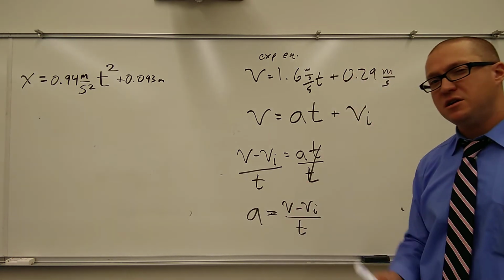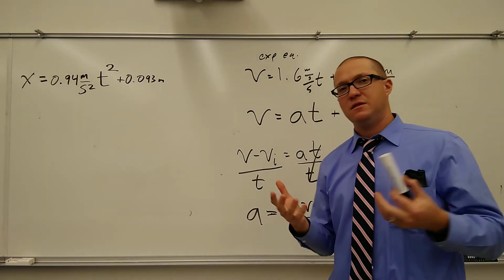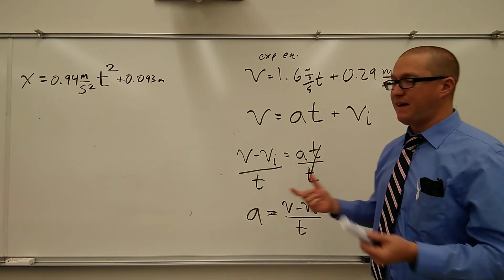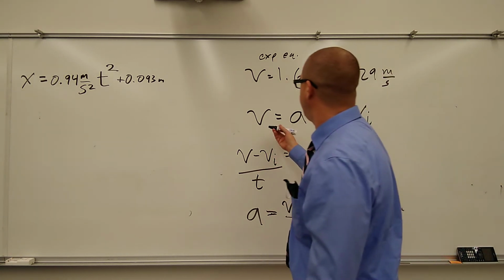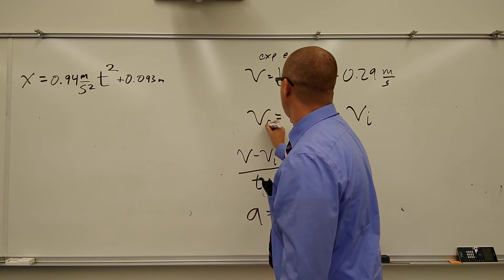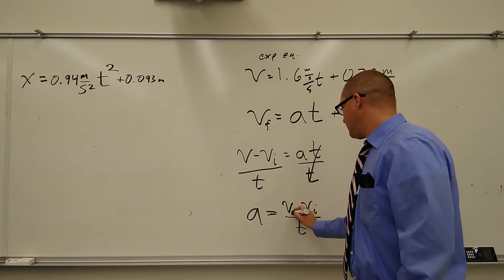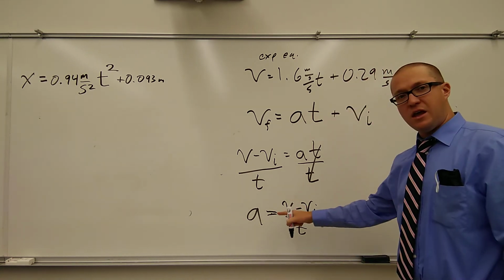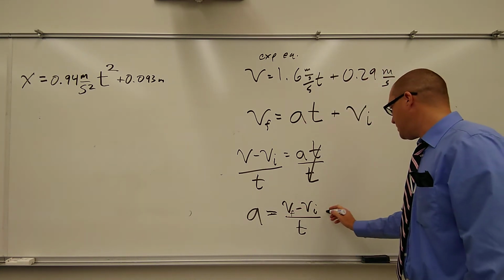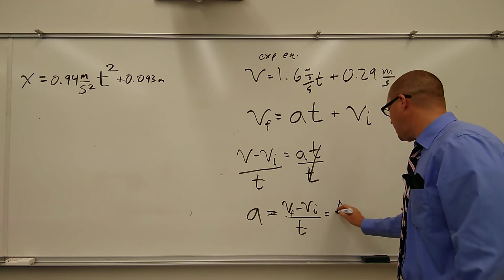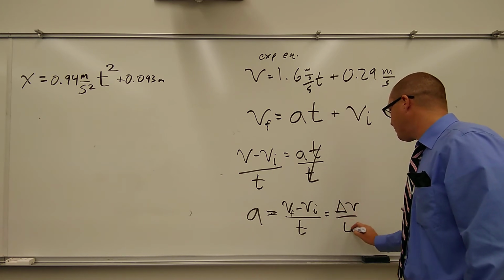Well, that V is often what we call final velocity, and in fact, on the reference table, they call it V_f, not just V. So if a equals V final minus V initial over t, then that must mean it's equal to change in velocity over time.